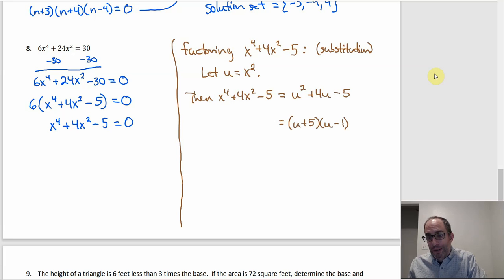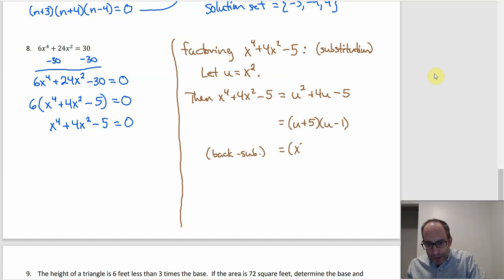There aren't a lot of pairs of factors of -5, right? It's either a -5 with a 1 or a 5 with a -1. And we had to get the plus 4, so it's got to be the 5 with the -1. But that's not really where we want to be. We want to back substitute, because this needs to be in terms of x.